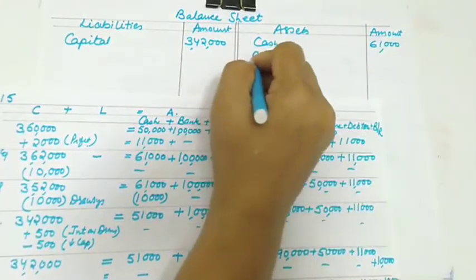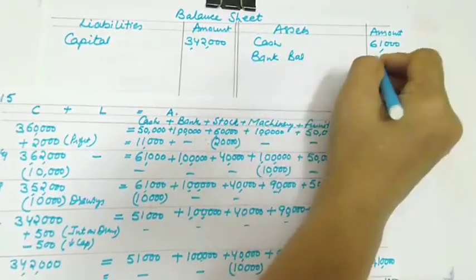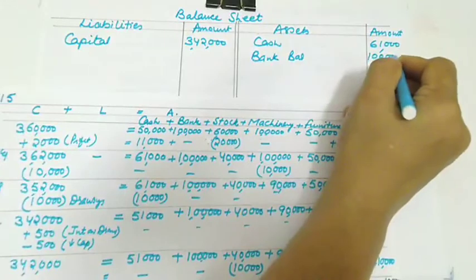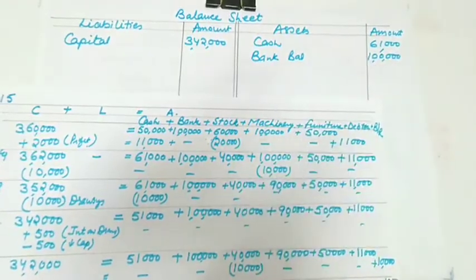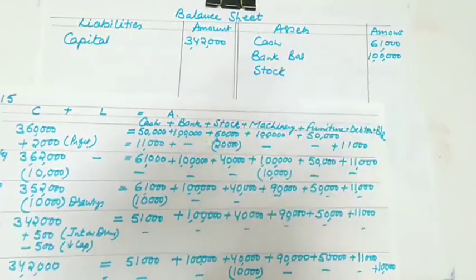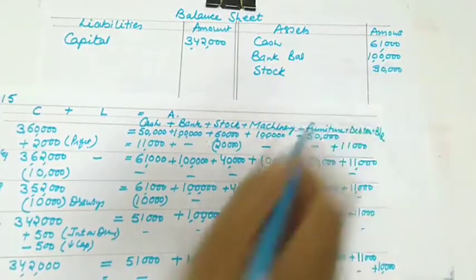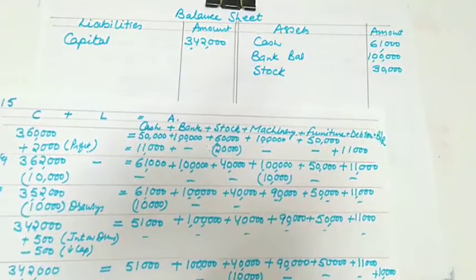Then your bank balance, there is no change, it remains as it is, 1 lakh. Then your stock of goods, closing balance 30,000. We'll be writing only the closing balance, the final balance, in the balance sheet.